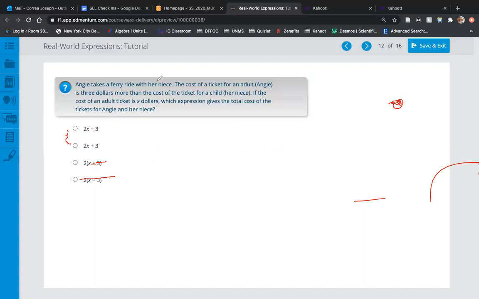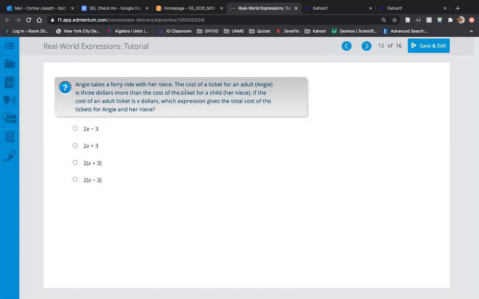So it says Angie takes a ferry ride with her niece, right? Let's just scratch the pen for today. Not sure what's going on there, guys, sorry. So Angie is going on a ferry ride with her niece, so we have two people.